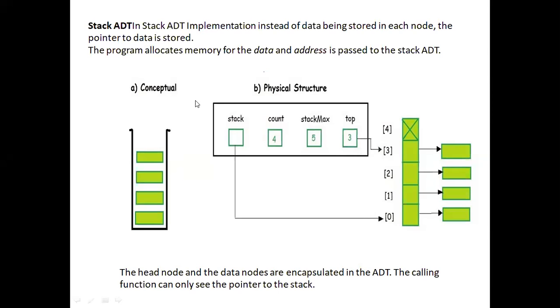If I use a linked list, this is the physical structure: there will be a data part and an address part. I can also implement the stack by using arrays.